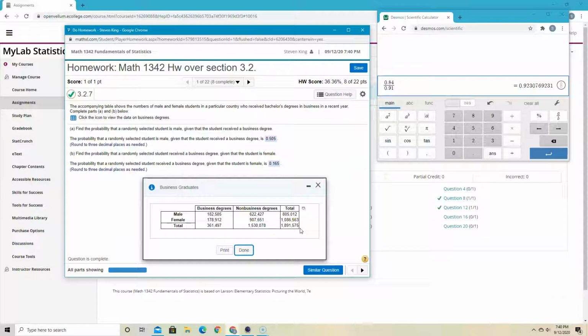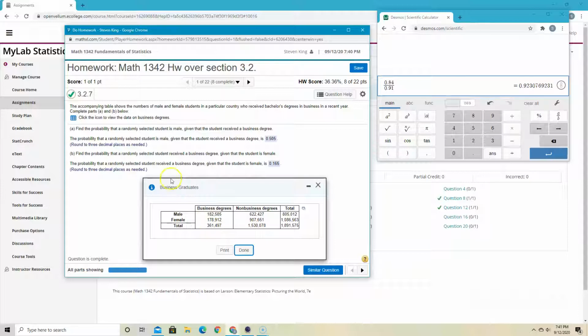But if they said pick a random student only from those who have business degrees, well, then it would only be out of this many. And so we would have to tell the computer not to consider all of these people, but only these people right here that graduated with a bachelor's in business.